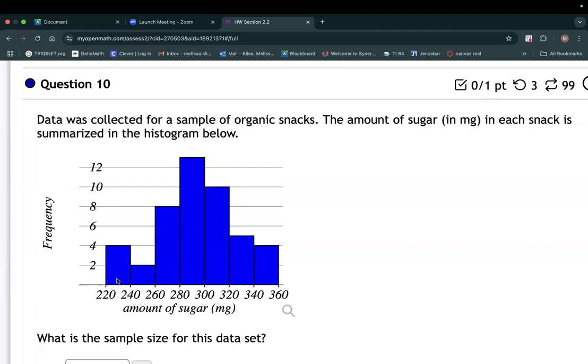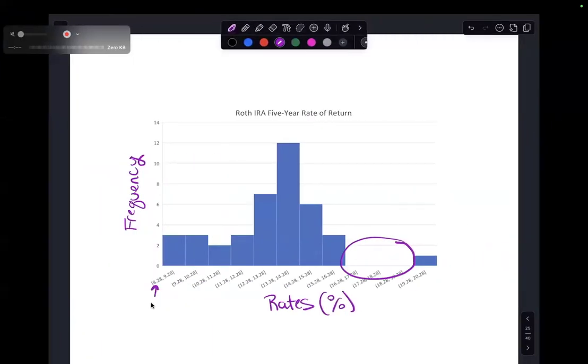What I care about is how many I have between 220 and 240. I care about how many are in each section. So choosing the pretty numbers doesn't really affect anything. It just makes it look better. Gotcha. That was a great question. Thank you. All right. Any other questions?